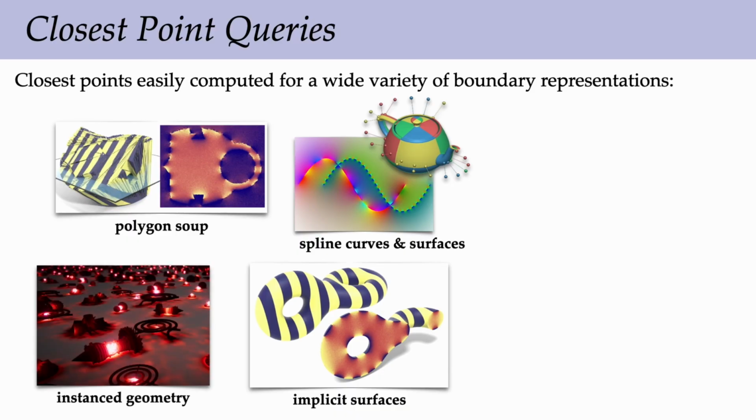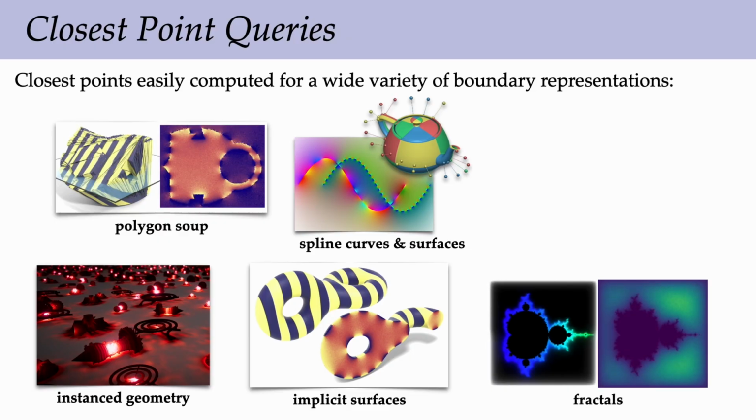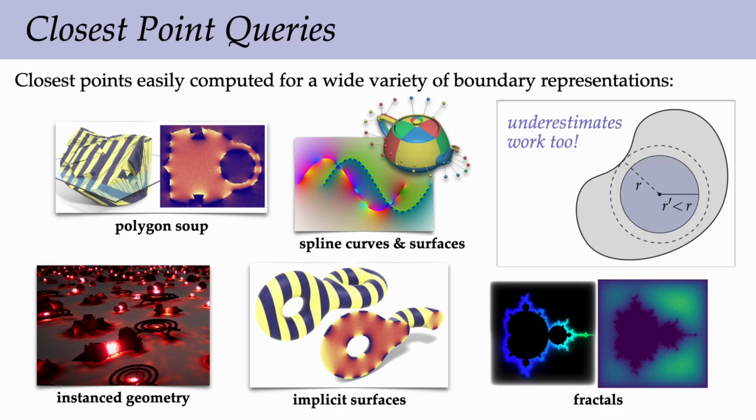We can work with instance geometry, so if we want to make many, many copies, maybe translated and rotated in different ways, of the same model, that can be done very cheaply and easily. And just to stress how flexible this closest point idea is, we can even solve PDEs on domains with a fractal boundary. An important thing to say is we don't actually need to know the exact distance to the boundary. This all will work as long as we can compute a conservative bound on the distance to the boundary.